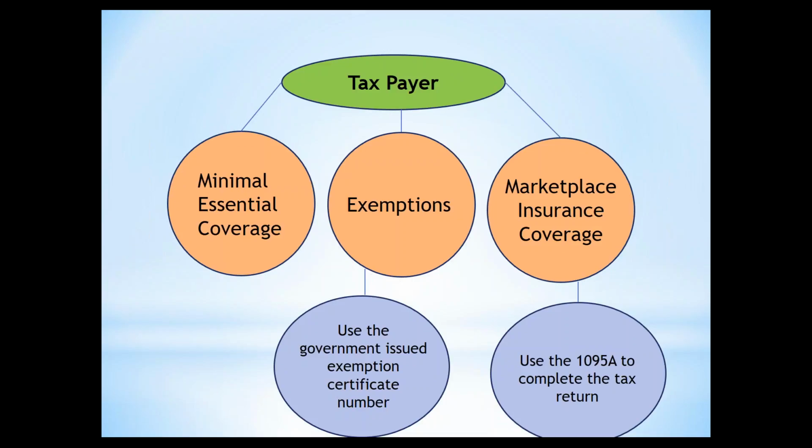I'm going to start by explaining the different circumstances that people may be in with regard to healthcare coverage. A taxpayer either has what's called minimal essential coverage, exemptions, or marketplace insurance coverage. If they don't have minimal essential coverage or a mix of these three items, then they have no coverage for either that month, or it may be for a whole year or for a time period, in which case the person is just penalized.